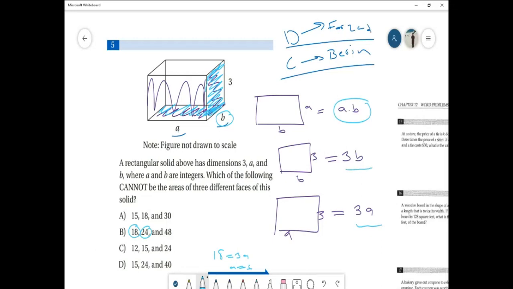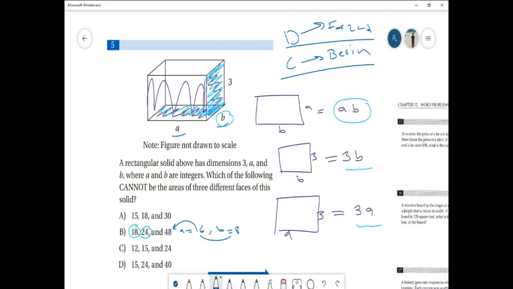To find this value. So A times B should be the biggest one. Okay, so that will be 3 times A. Let's say A is equal to 5. And 3 times something is 18. That means B is 6. So when I multiply it, 5 times 6, it gives me 30.